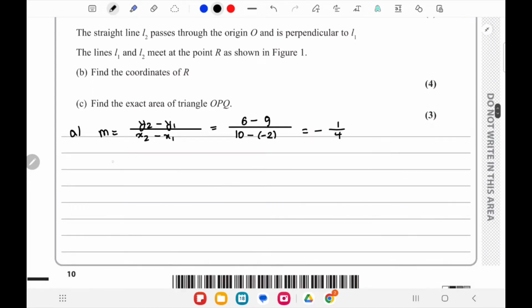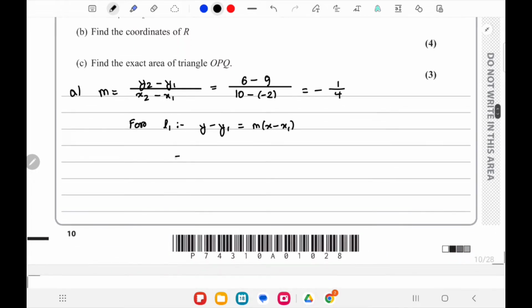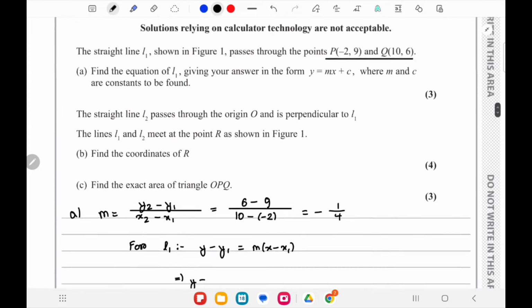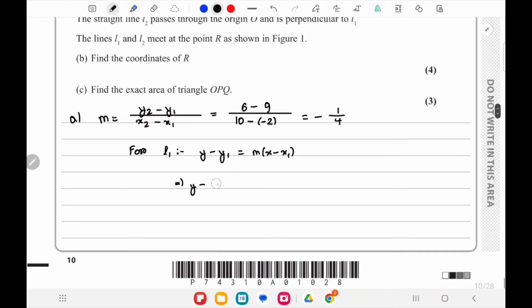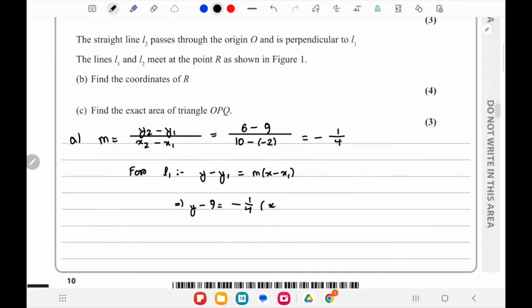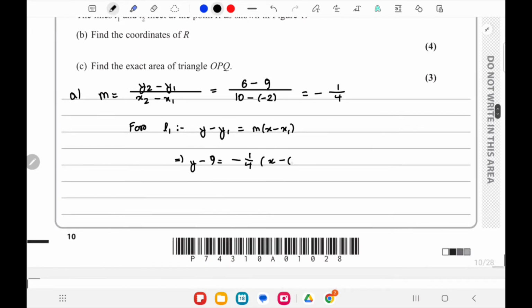Now for the equation of L1, we'll just use this equation again. So y minus 9 equals minus 1 by 4 times x minus minus 2, which would be x plus 2.